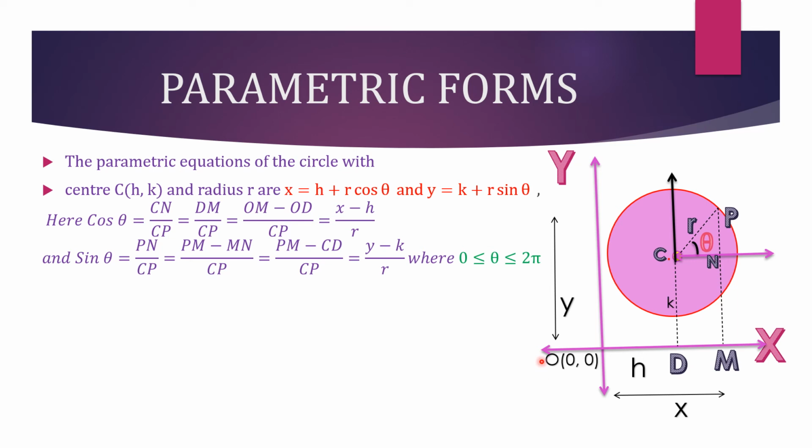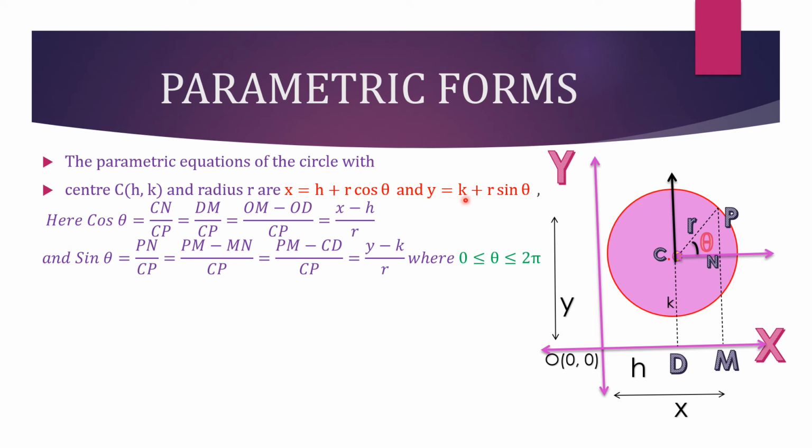Here PM is known, that is y, and MN is always equal to CD from this diagram, that is the k value. So PM minus CD means y minus k, divided by CP, which is r, the radius. So it simplifies to sin theta equals (y minus k) by r. Then we get the result y equals k plus r sin theta.